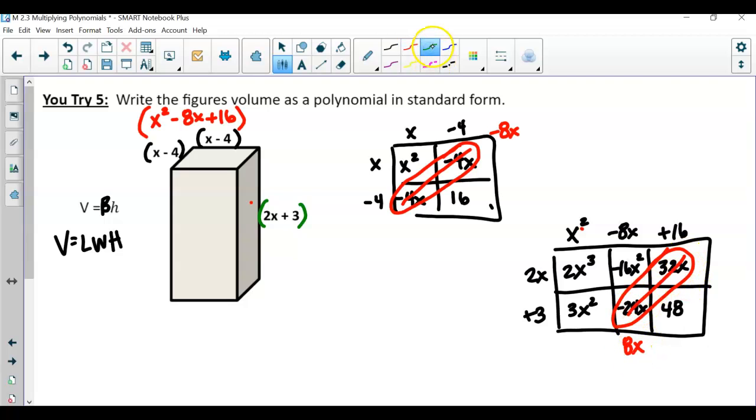Then we do have x squared as well. Negative 16 plus 3, negative 13x squared. So now the final polynomial that represents our volume here is 2x cubed minus 13x squared plus 8x plus 48.